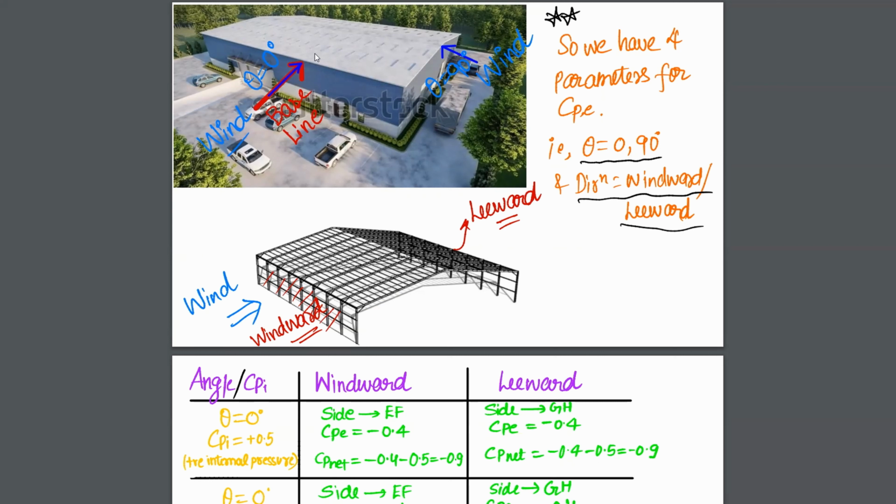This is the horizontal baseline and wind is moving at theta equals 0 degree. It means that wind is moving along this baseline. And if theta is 90 degree, this means the angle is 90 degree from the baseline. That is, wind is moving from this direction to this direction.